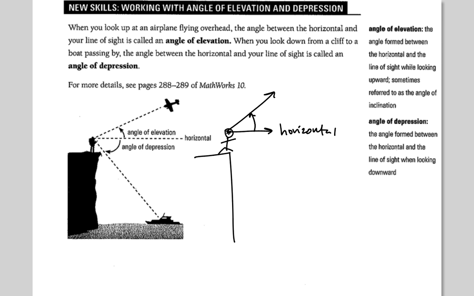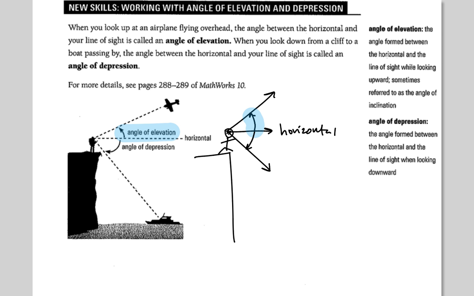And if you think about the word elevate, you're thinking up, you're feeling positive. Elevate, elevation, you're feeling up. So the elevation goes up from the horizontal. Now, if you look down from the horizontal, like this, they would call that the angle of depression.